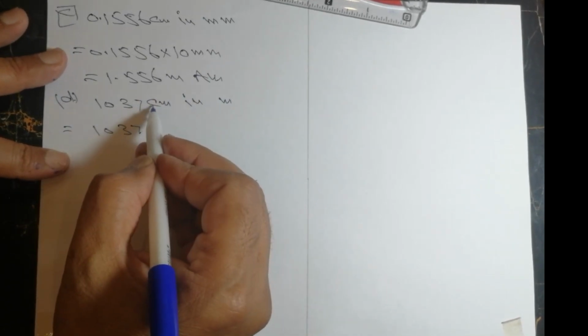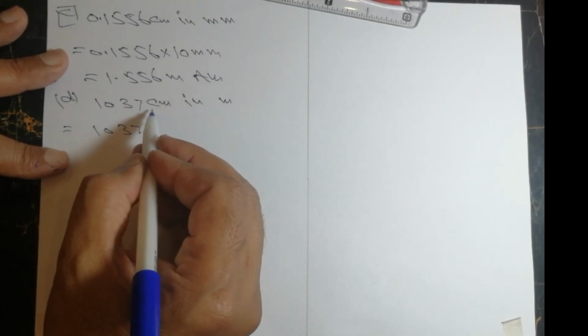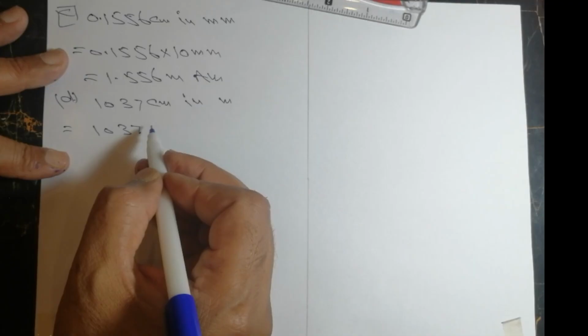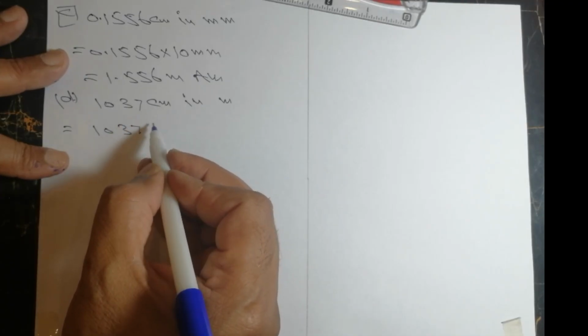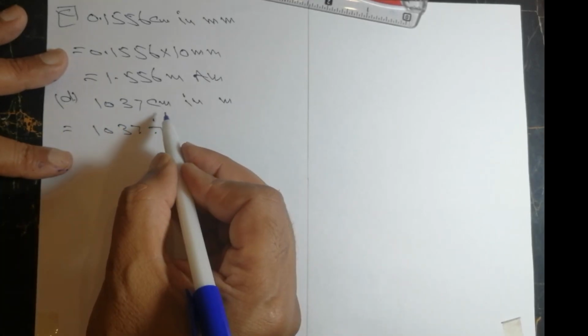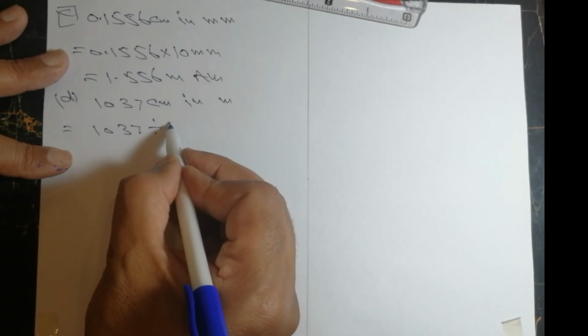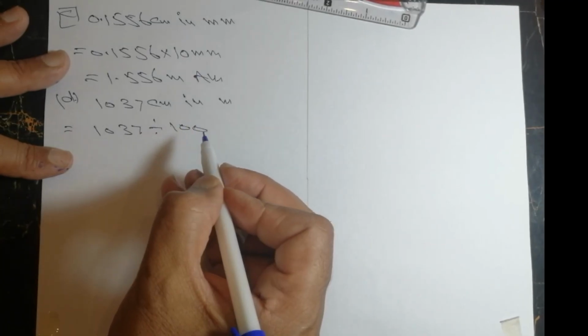This is the first case where the given unit is smaller, and we will change it to a bigger unit. In this case we will not multiply, we will divide. Divided by 100, because in 1 meter there are 100 centimeters.